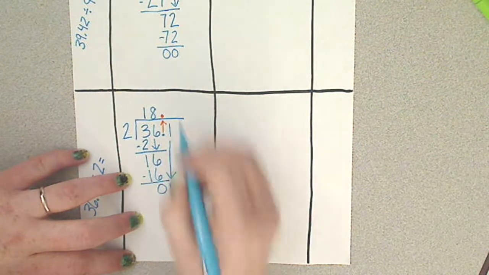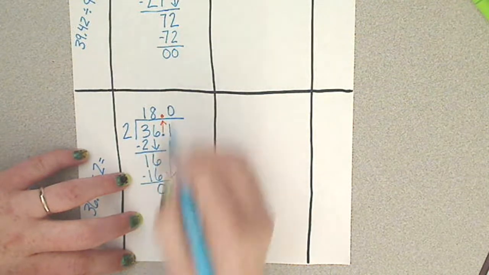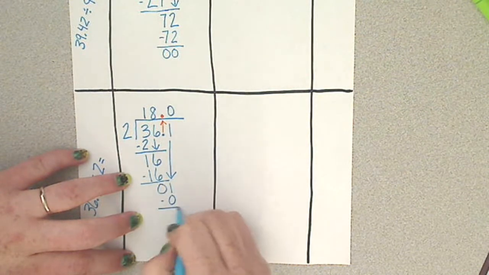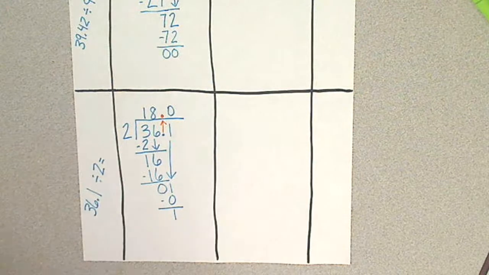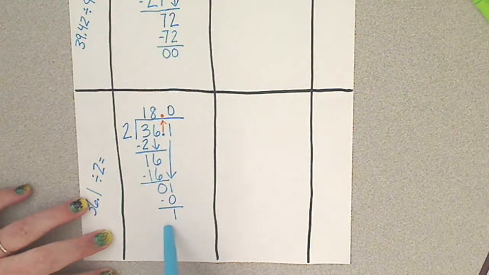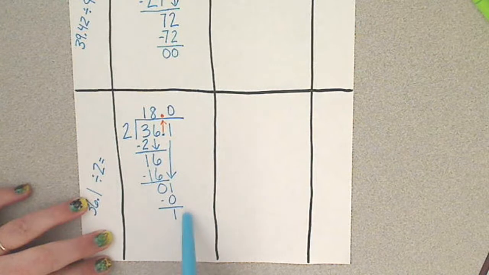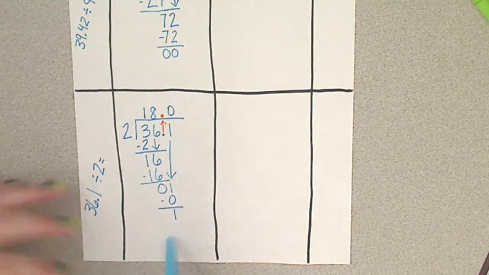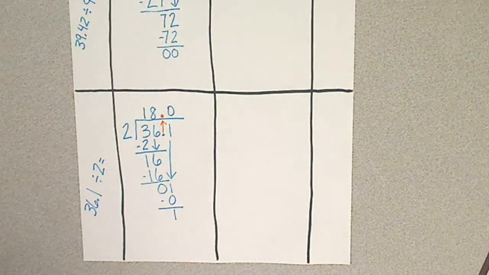2 cannot fit inside 1. 2 times 0 is 0. Now here's the problem. In decimals, you cannot have a remainder. You have to keep dividing until you have no remainder left. So how do you do this?